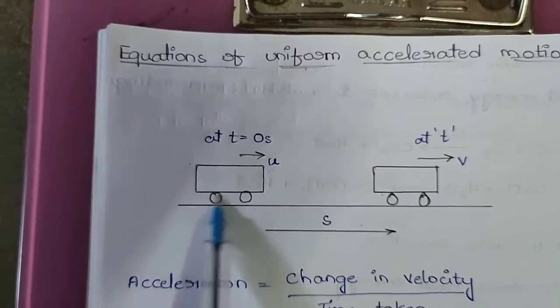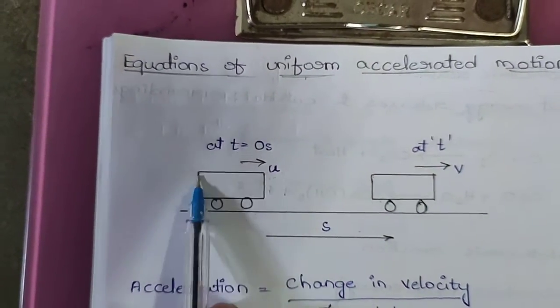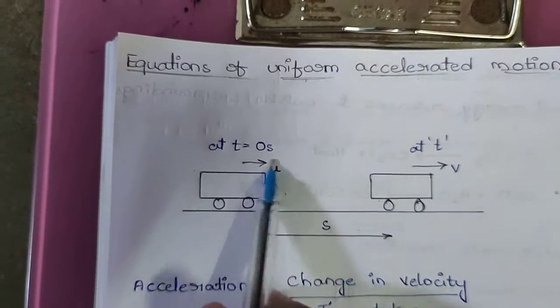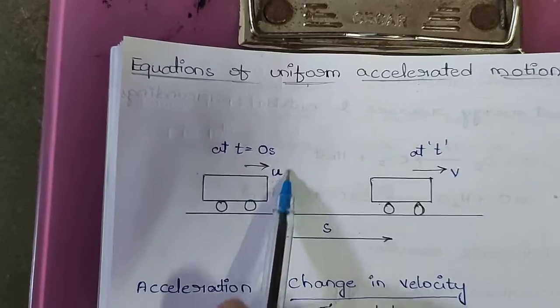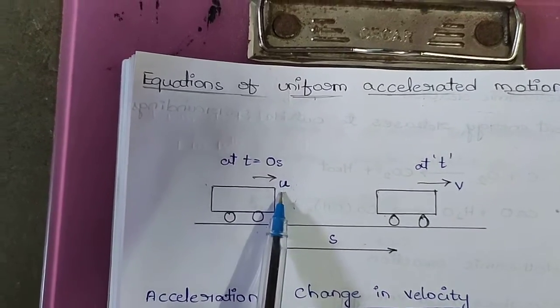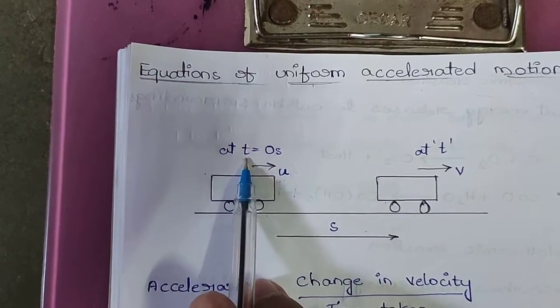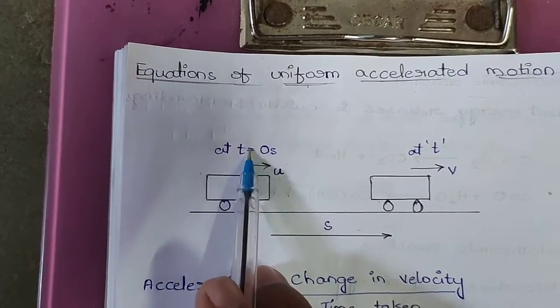Let us consider a vehicle. This is my vehicle, it is at rest. This is the initial velocity u, and the initial time is 0.